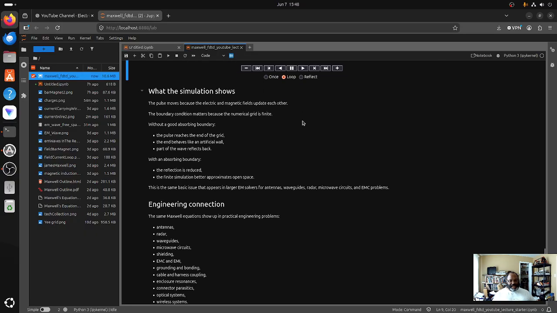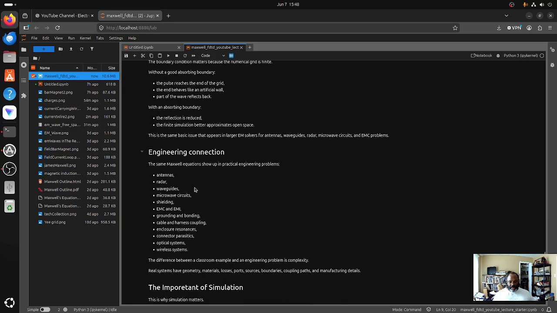So, what is the connection of all of this to engineering? These same Maxwell's equations show up in practical engineering problems, whether we're talking about antennas or radar or waveguides or microwave circuits or shielding or an EMC or EMI problem or grounding and bonding, again thinking about EMI types of problems, coupling in cables and harness couplings.